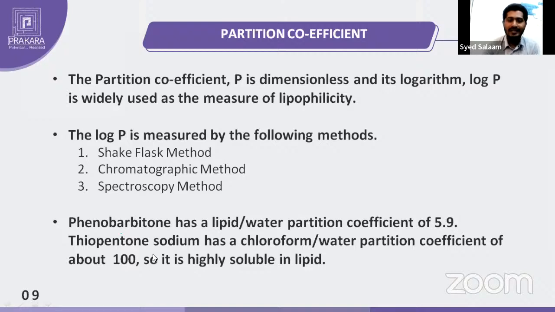But thiopentone sodium has a chloroform water, again a lipid water coefficient, of about 100. We can see that one is 5.9 and the other is 100. So we can select which would be the most effective. When compared to phenobarbital, thiopentone will be having better effects.